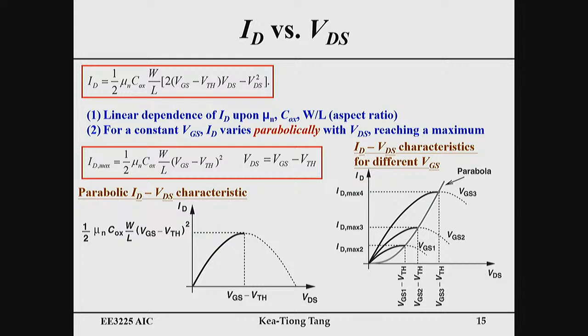So you see, this is for VGS1. The drain voltage that will reach a maximum is VGS1 minus VTH. If we set the VGS to VGS2, you can see the maximum current happens when VDS equals VGS2 minus VTH. Okay. So basically the maximum of each curve is different.